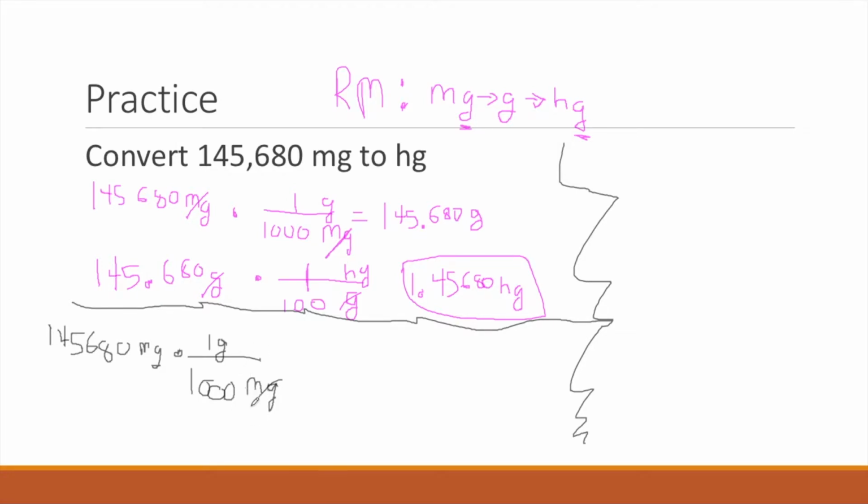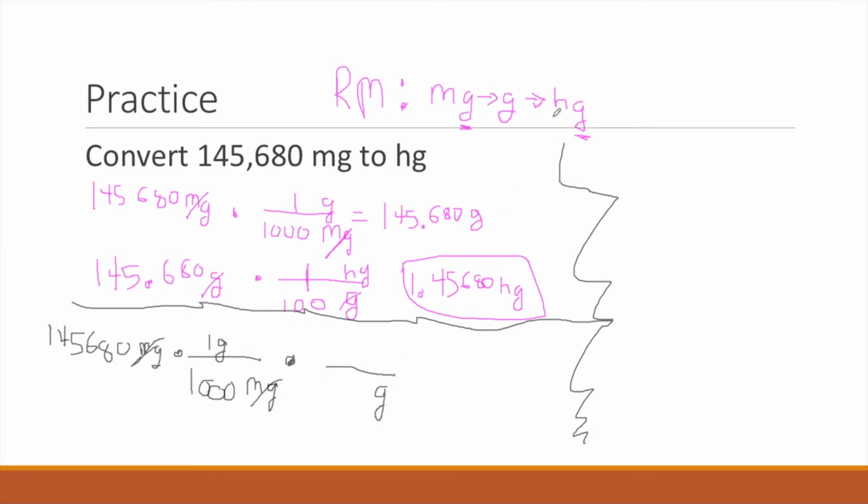Okay, if I look at my units, I'm still in grams. I need to do 1 more conversion factor, so I'm going to just tag it on here. Notice that grams is on top of my first conversion factor, so that means grams would need to be on the bottom of my second conversion factor.